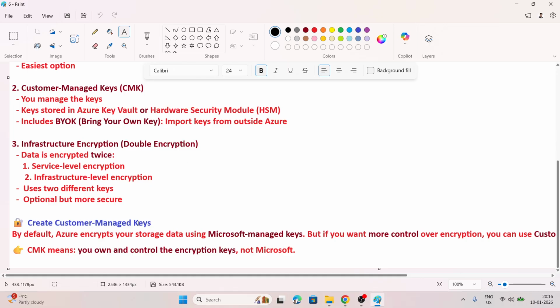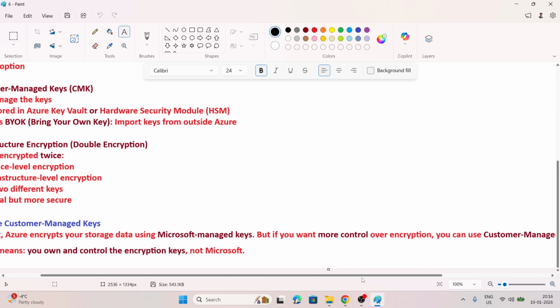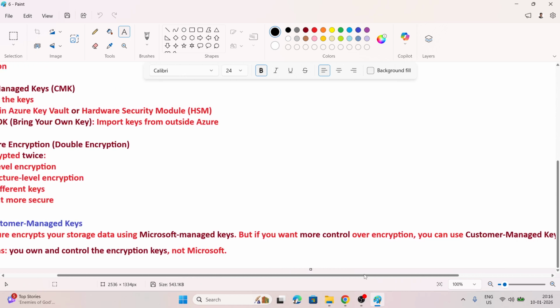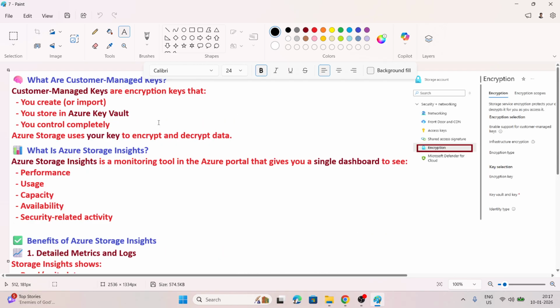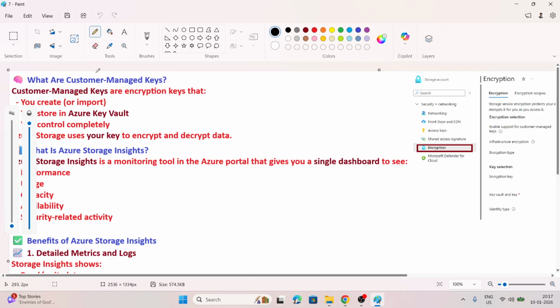Now, customer managed keys. By default, Azure encrypts our storage data using Microsoft managed keys. But if we want more control over encryption, we can use customer managed keys, where we own and control the encryption keys, not Microsoft. Customer managed keys are encryption keys that we create, store in Azure Key Vault, and control completely.